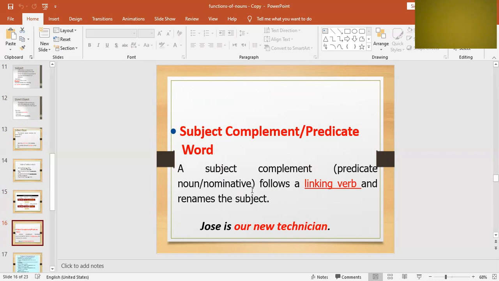When I say orange is a fruit, it tells a new name of the subject, or it says something new about the subject. However, you have to remember that you should have a linking verb before the subject complement. Joe is what? Our new technician. So it tells me who Joe is. This is the subject complement.